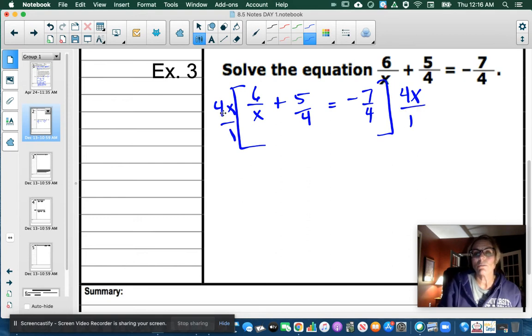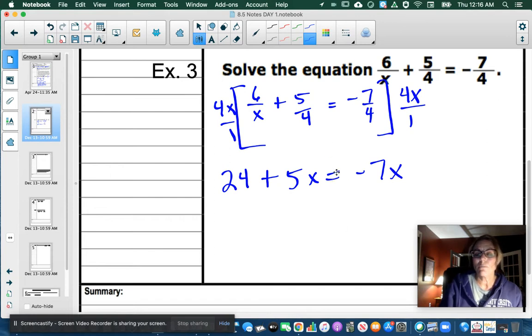So when I multiply 4x times 6 over x, the x's cancel, I get 24. When I multiply 4x times 5 over 4, the 4's cancel, and I get 5x. On the right side, when I multiply 4x times negative 7 over 4, the 4's cancel, and I get negative 7x.